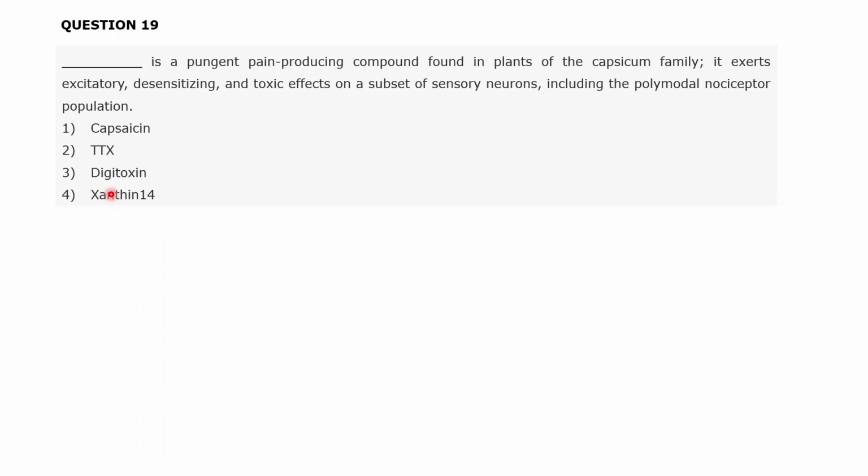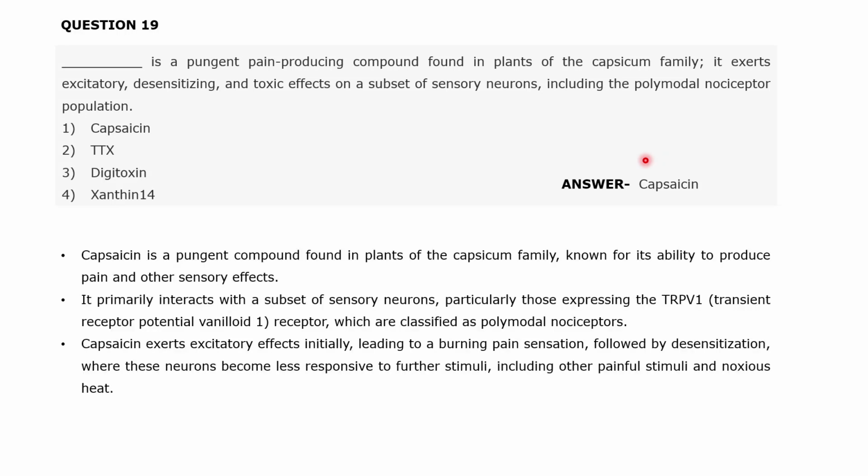Option 1. Yeah, basically from the name itself, you know that the capsaicin family consists of this particular compound, option 1, which is pungent in nature, like chili. It is known for its ability to produce pain and other sensory effects, similar to what a chili produces.